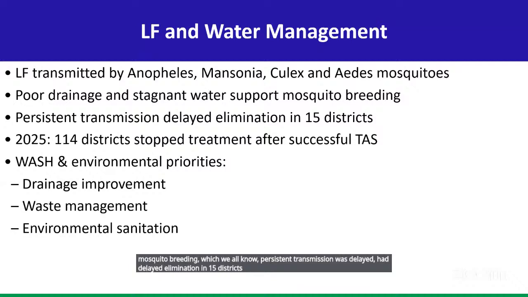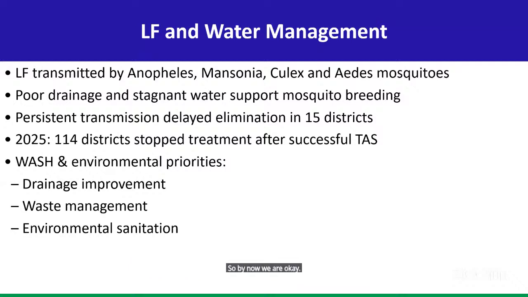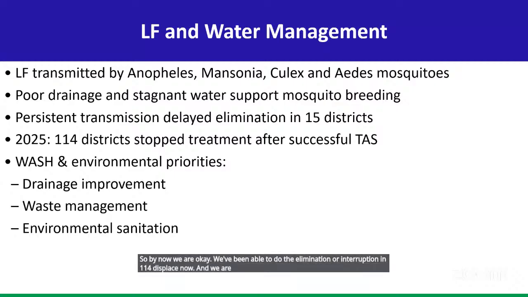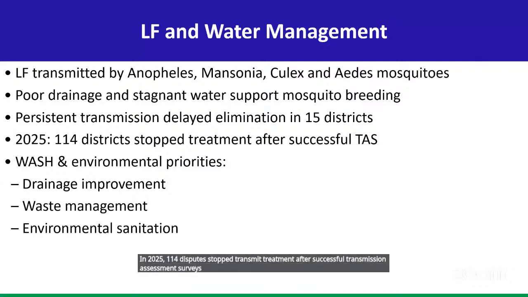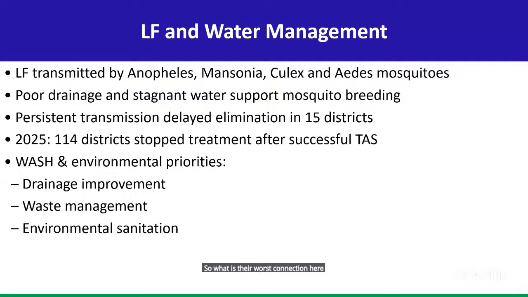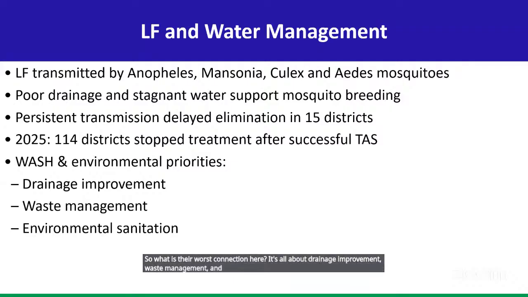But by now, we are okay. We've been able to do the elimination or interruption in 114 districts, and we are almost there. We are just left with 3. In 2025, 114 districts stopped treatment after successful transmission assessment surveys. So what is the WASH connection here? It's all about drainage improvement, waste management, and environmental sanitation.